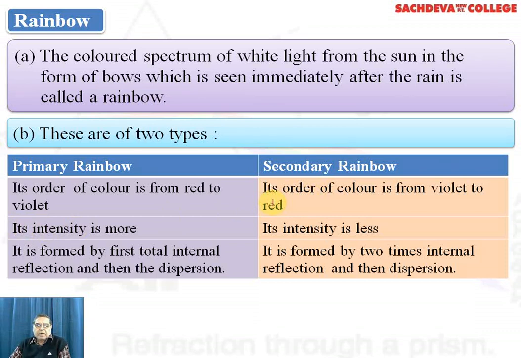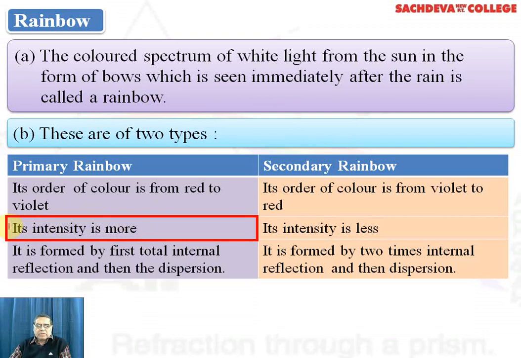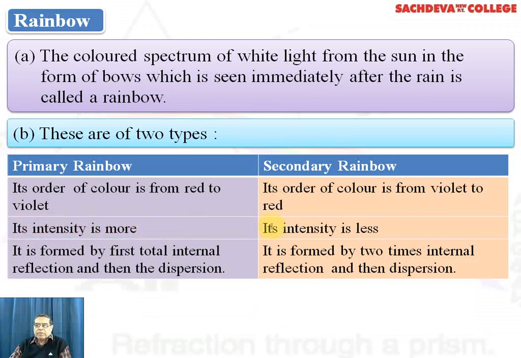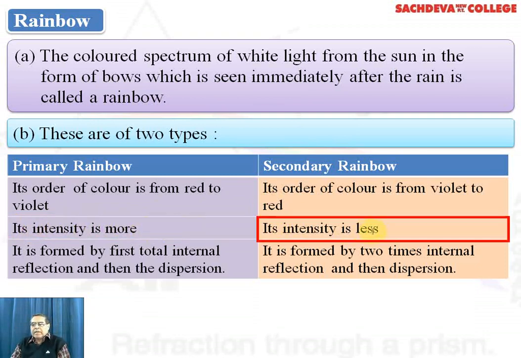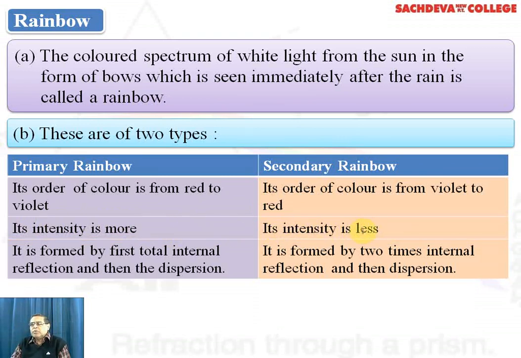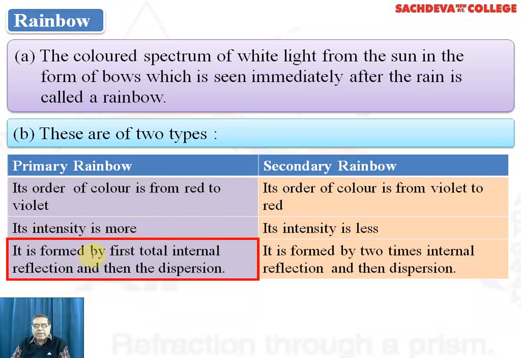Now, in the primary rainbow, the intensity is more. But in the secondary rainbow, the intensity of the colors is less, that is, the energy per unit area per unit time is very less. The next point is that the primary rainbow is formed by one total internal reflection and then dispersion.